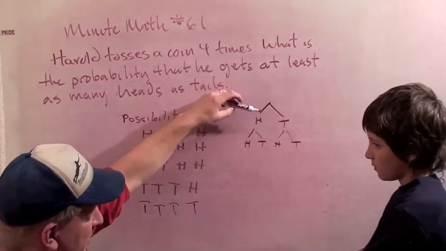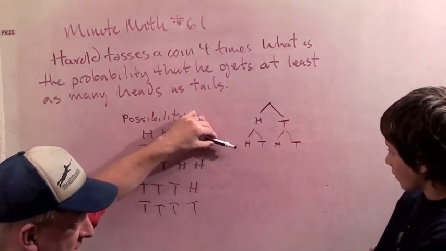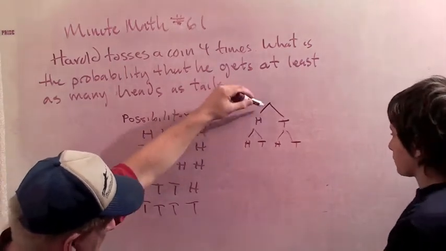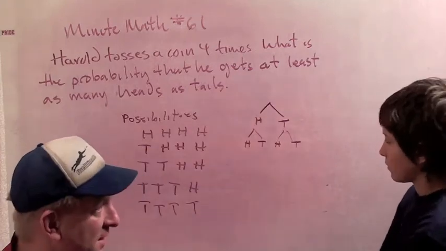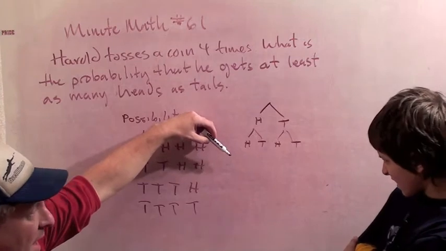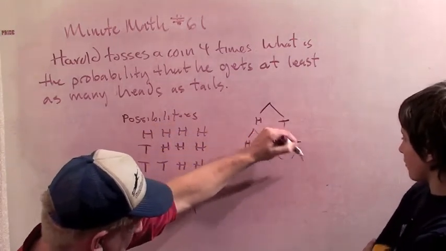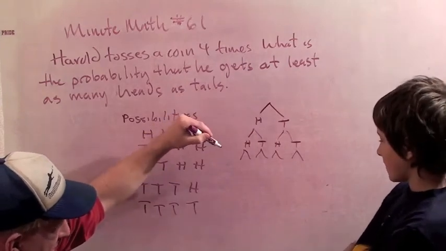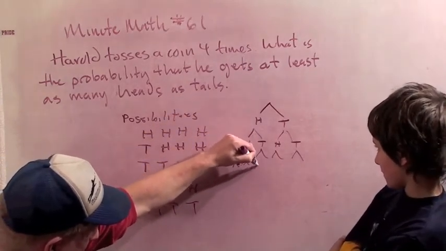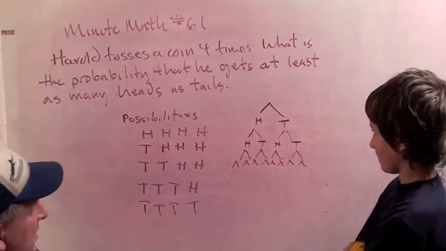So after 1 flip, you have 2 possibilities. After 2 flips, how many possibilities do you have? 4. It could be head-head, head-tail, tail-head, tail-tail. After 3 flips, how many do you think you're going to have? 8. These will branch. After 4 flips, how many are you going to have? 16. So there's 16 total possibilities.